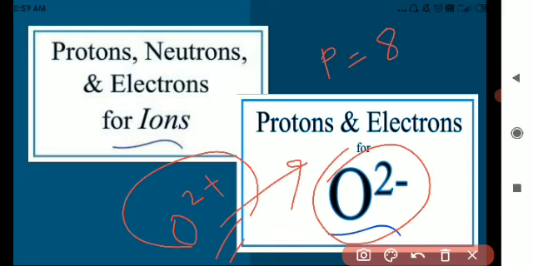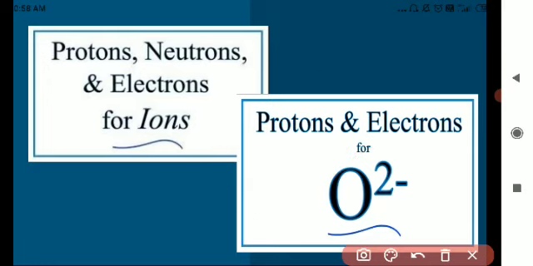If it has 2 minus charge, that means it is gaining 2 electrons. It has more electrons. So for oxygen 2 minus, protons will be 8. As it is minus 2, that means what? Minus means addition of electrons, plus means donation of electrons. So always remember, minus means addition of electrons and plus means donation of electrons.